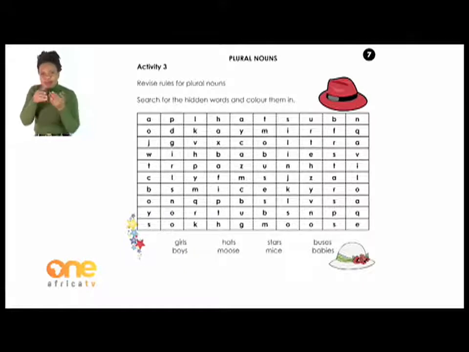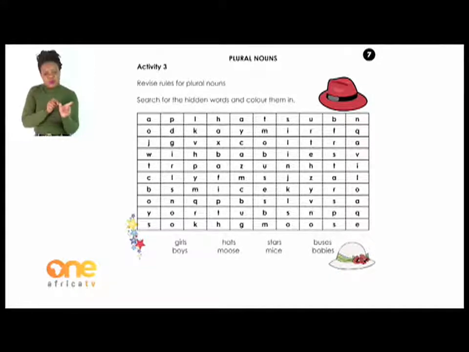You have to look for these words. They are there. For example, in the first column, I am seeing the word boys, the noun boys. I can color that one. So do the same until you finish all the nouns given below.